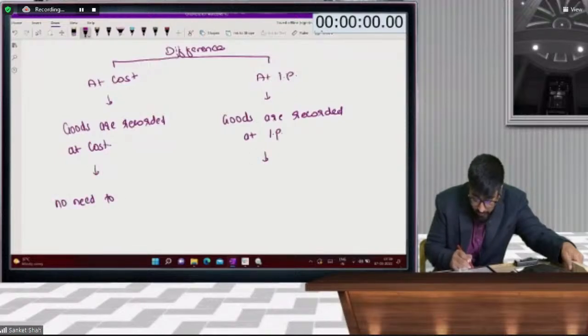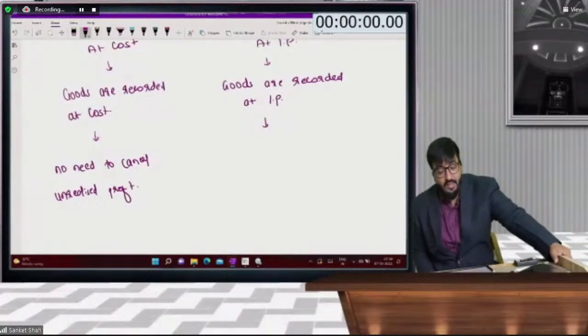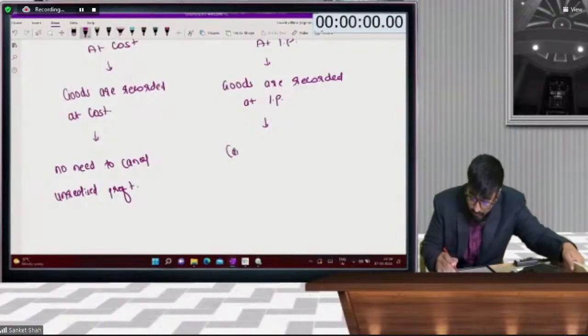No need to cancel unrealized profit. Cancel unrealized profit means loading.